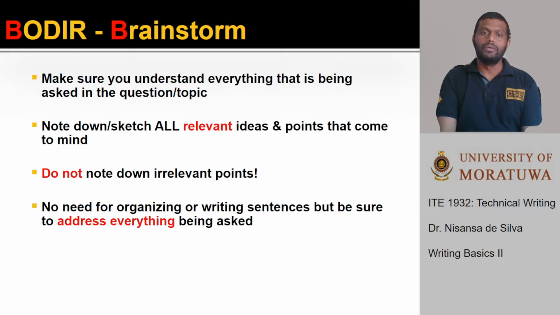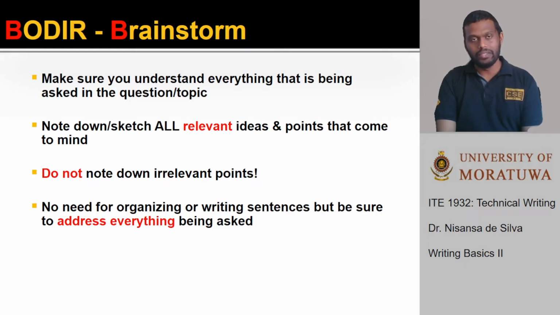You do not need to organize or write sentences in full, but just make sure that you are addressing everything that is being asked. Sometimes, if you miss something here, and you wrote about 3/4 of the essay and remember something, that is a very painful experience to go and write it all over again. Right? So that is what we are trying to avoid with brainstorm.